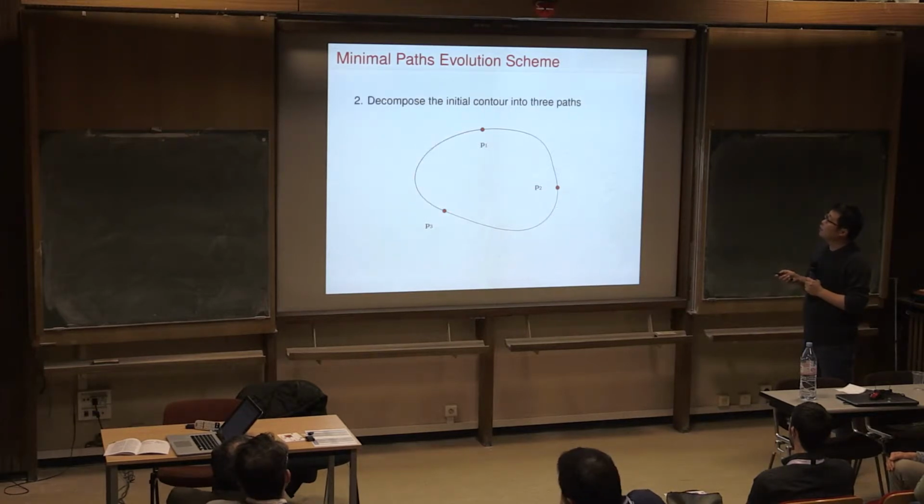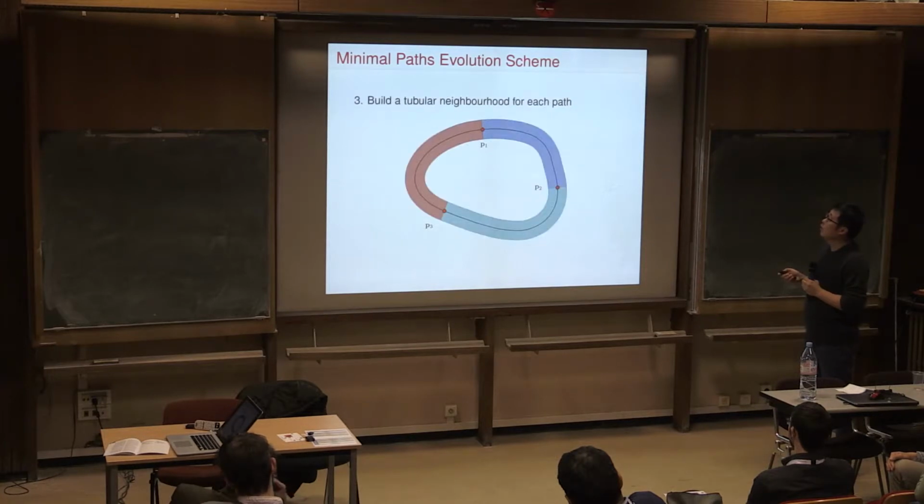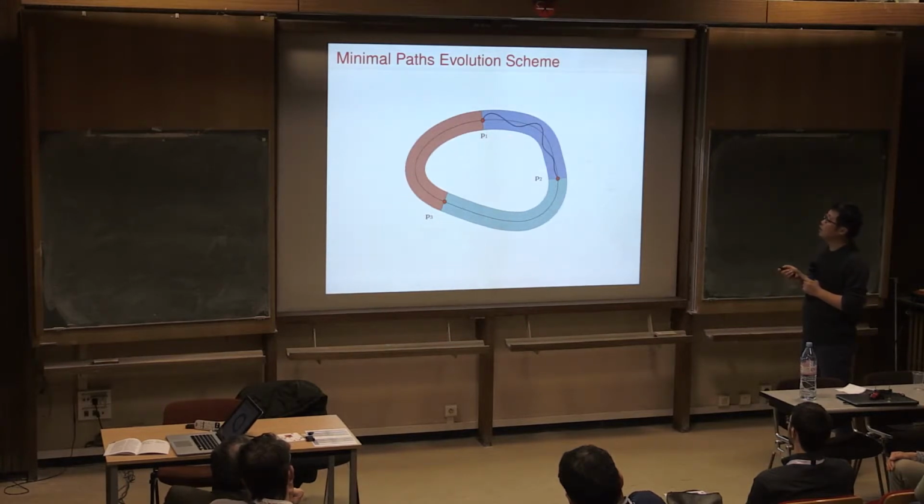We first decompose the initial contour into 3 subpaths. These paths link each pair of successive points. Then we build a tubular structure neighborhood for each subpath. Then we extract the geodesic between each pair of points within this tubular neighborhood. Finally, we can see a new closed contour can be obtained.